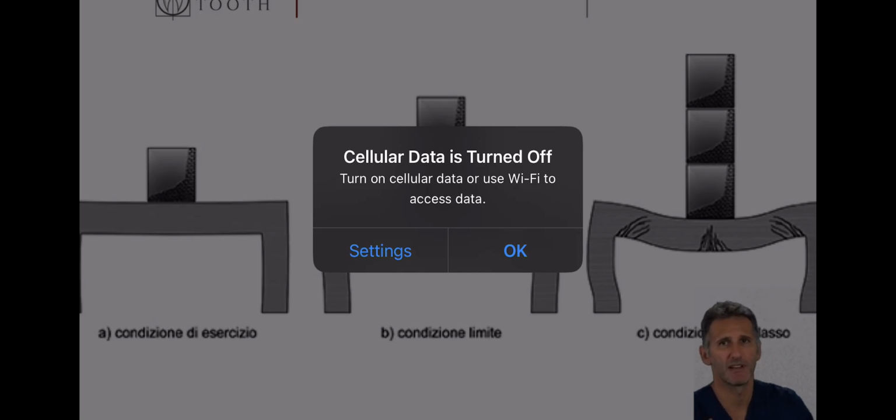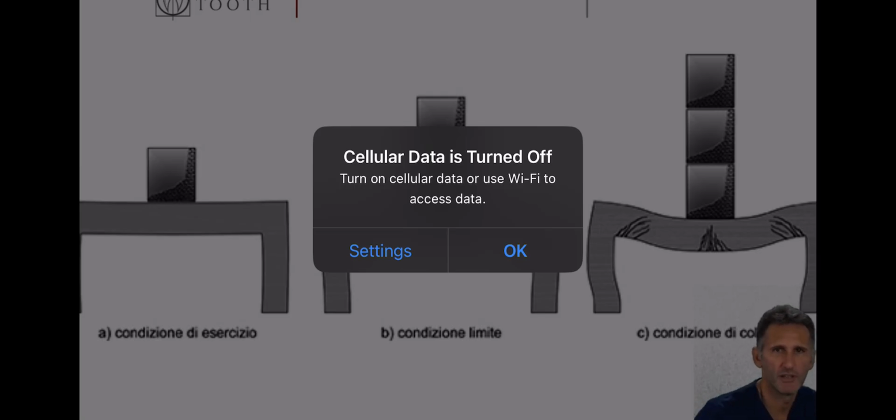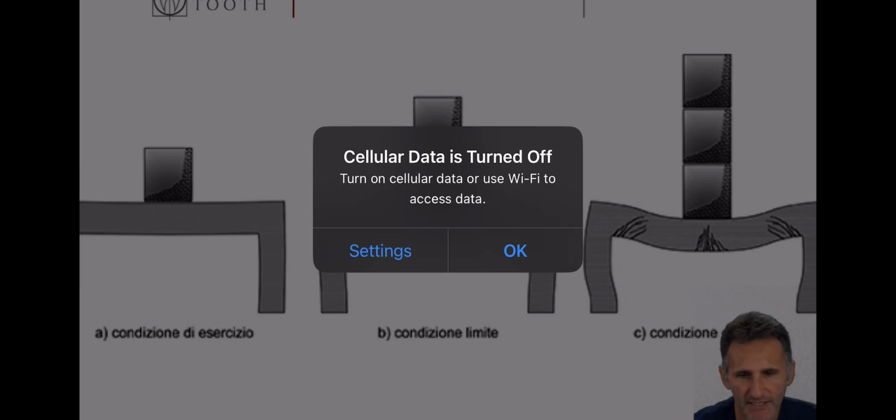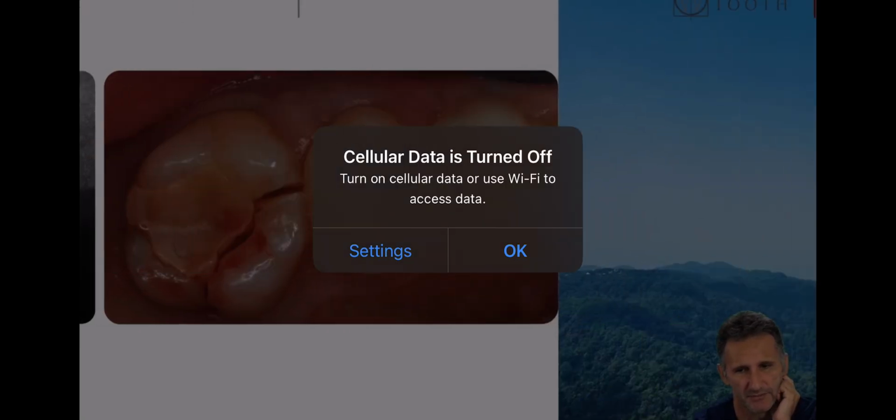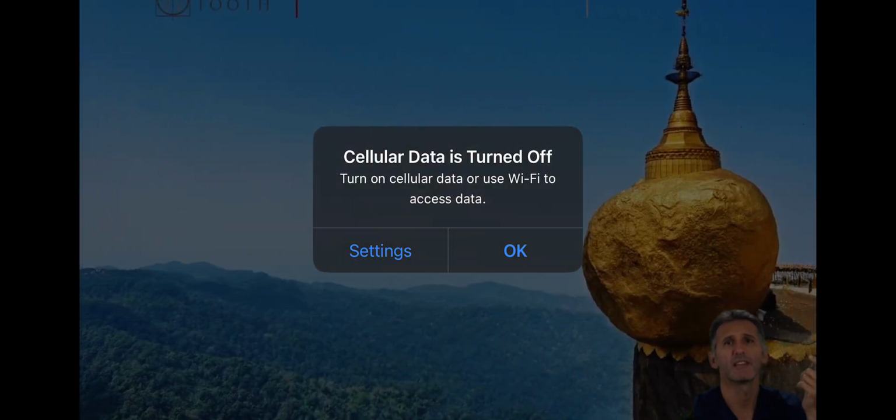But if we have, like in this example, a huge load, we will have the collapse of the structure. And this is what happens in dentistry. The fracture, the collapse of the structure. If there is no load, even an impossible situation will never break.